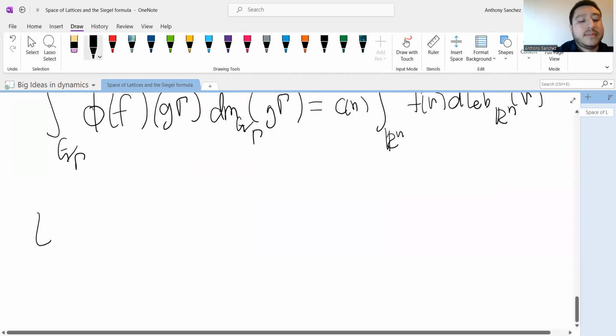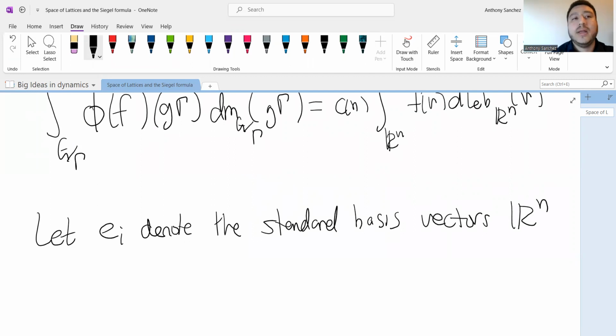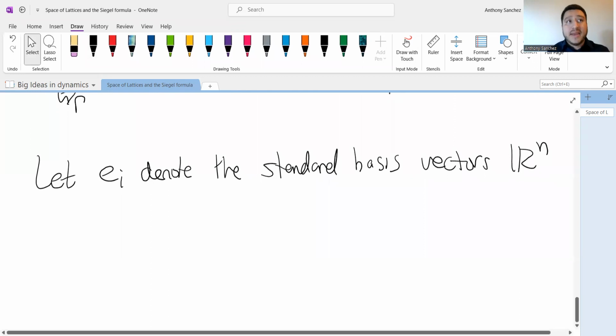So to do that, let me let E_i denote the standard basis vectors on Rn. So for example, E1 is the vector that has 1 in the first component and 0 everywhere else. All right. And now I want to recall that one of the things that I want to do with today's lecture is let us know the orbit stabilizer theorem is awesome because it lets us identify stuff.